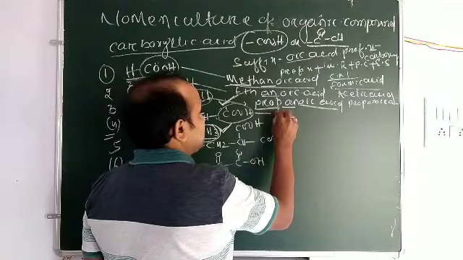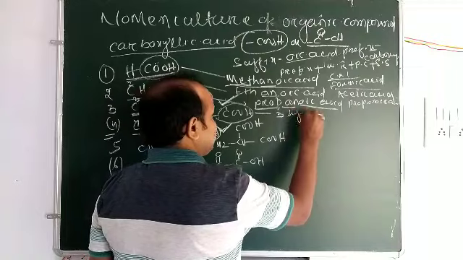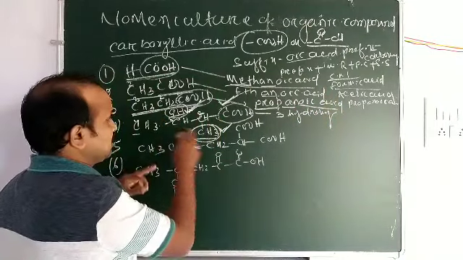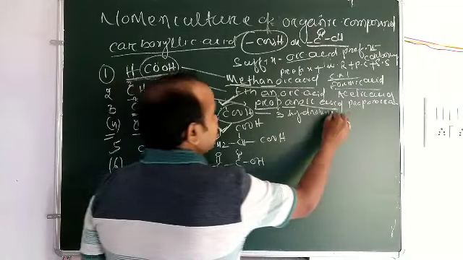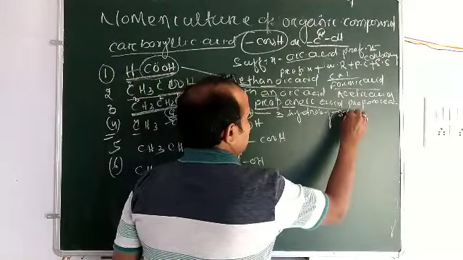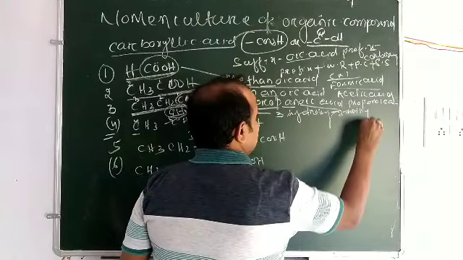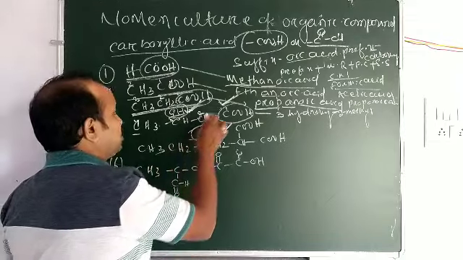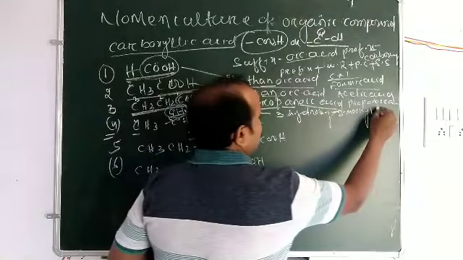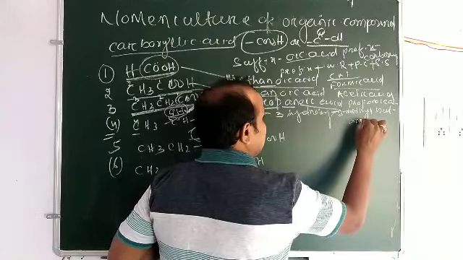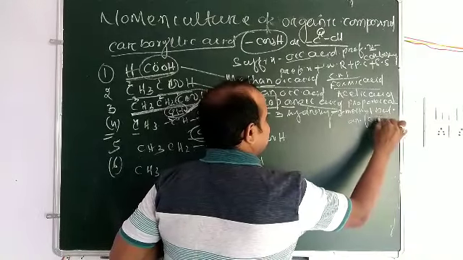Then you write 3-hydroxy, 2-methyl. The prefix is over, then start from the word root. Here there are 4 carbons, so the word root is but, then primary suffix an and oic acid.